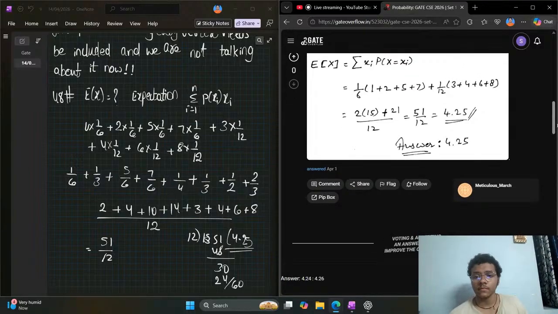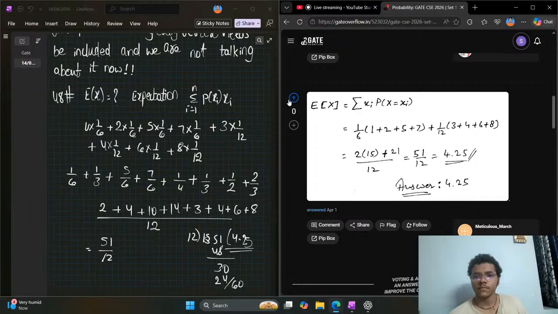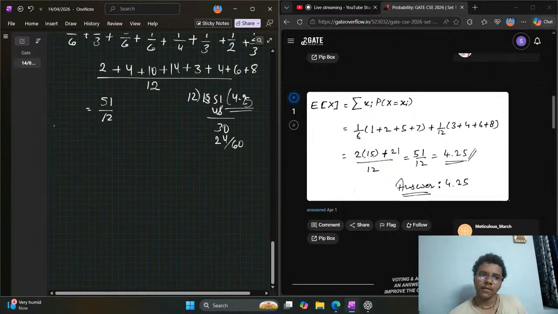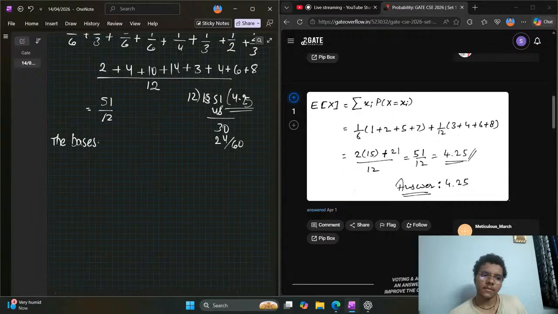Mhm. The denominators are 6 and 12. By reducing them and taking the LCM again.